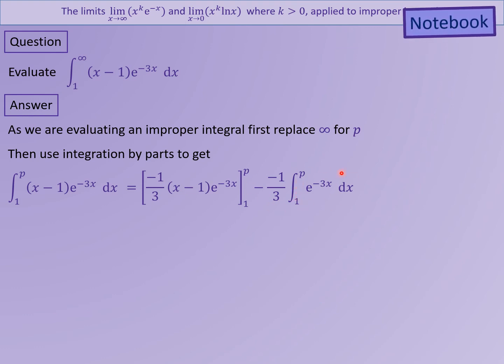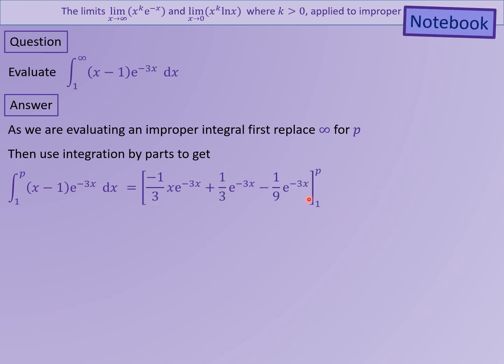So now I can work out this bit straight away because it's just going to get you minus the third on the front, on the back, and I can put those two bits together. I've then noticed that these two are both just e to the power minus 3x, so I can combine both of those, and simplify it to that. So very well done. But if you didn't get that, you really need to pause and have another go yourself and make sure you're happy with integration by parts.